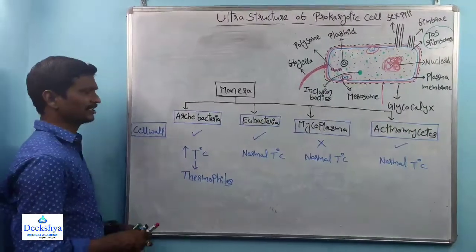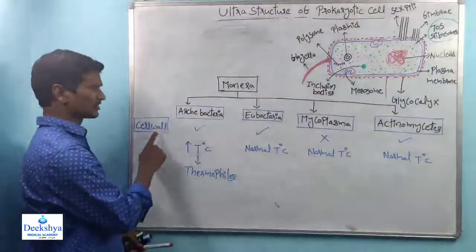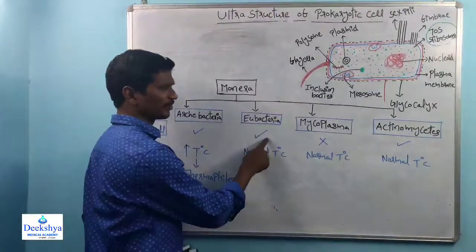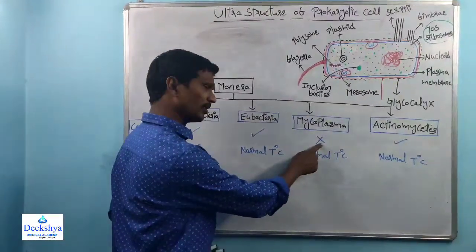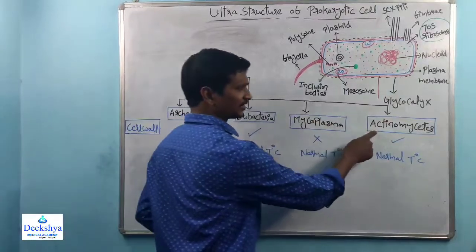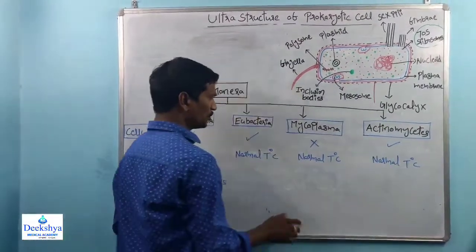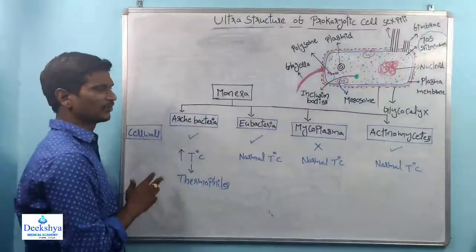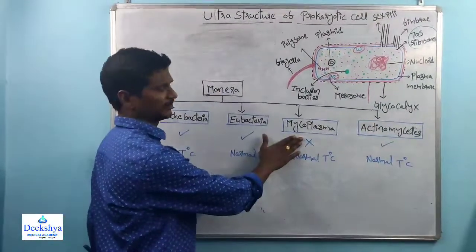We are discussing the cell wall here. In Archaebacteria, the cell wall is present. In Eubacteria, the cell wall is present. In Mycoplasma, the cell wall is absent. And in Actinomycetes, the cell wall is present. So all bacterial subtypes have cell walls except Mycoplasma.